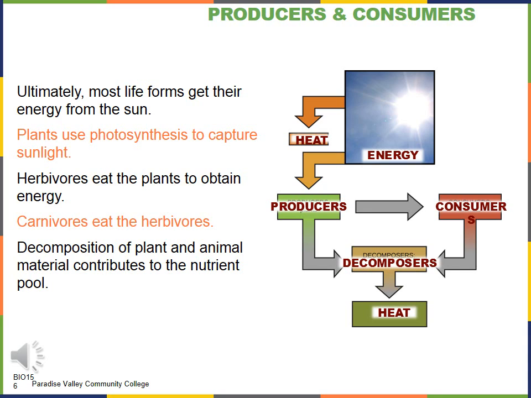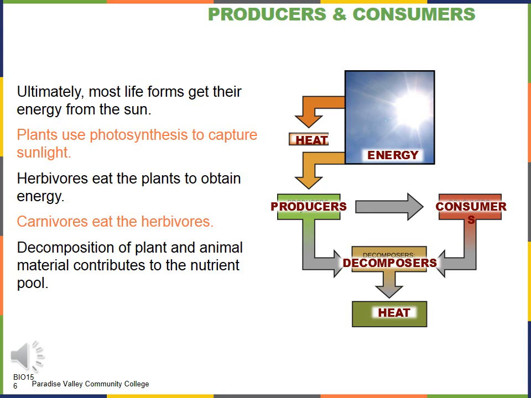So here's a picture of energy coming from sunlight. In the form of heat, it reaches producers. Producers will take in that heat and that visible light energy, and by way of photosynthesis will convert it to chemical energy in the form of glucose and utilize it for various processes throughout the body.